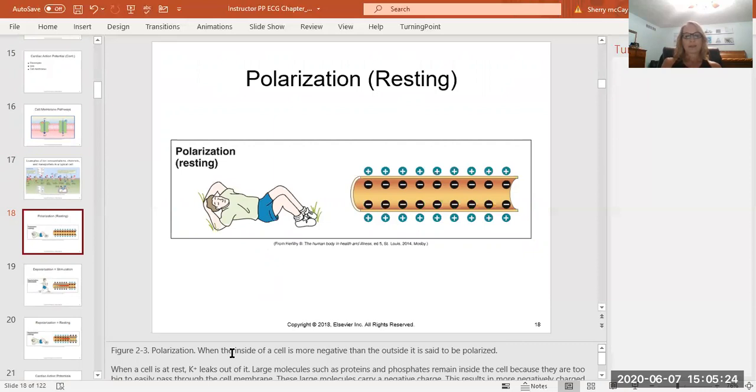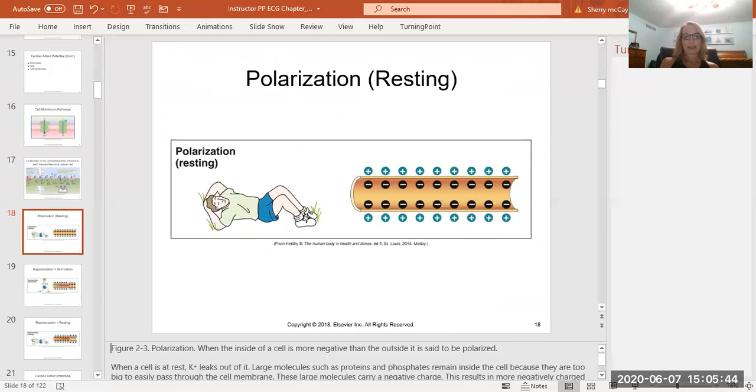Okay, so polarization or resting. When the inside of a cell is more negative than the outside, it is said to be polarized, okay? If you can see, it's more negative than the outside here. Okay, when a cell is at rest, potassium leaks out of it, okay? Large molecules such as protein and phosphorus remain inside the cell because they are too big to easily pass through the cell.